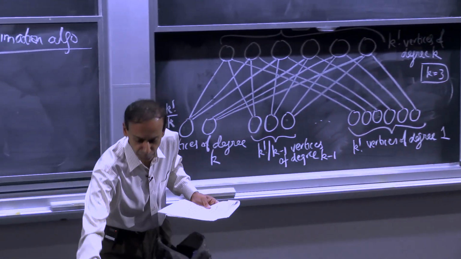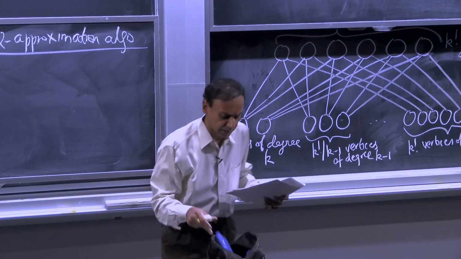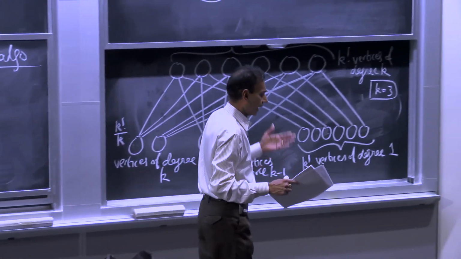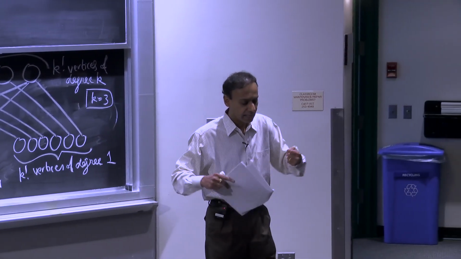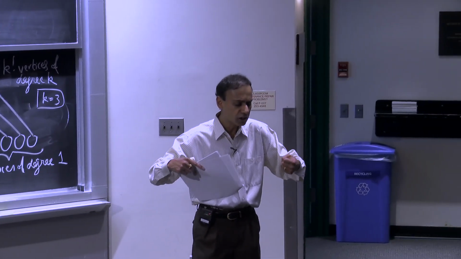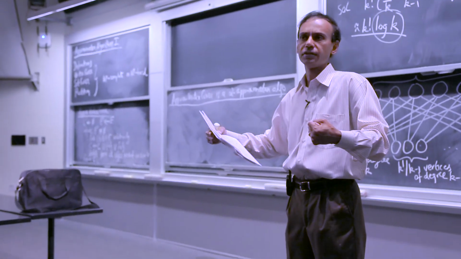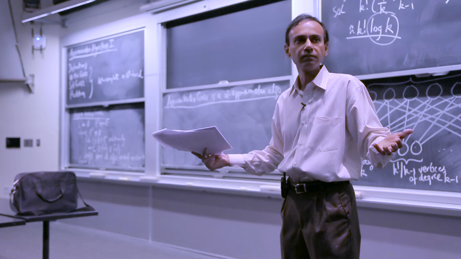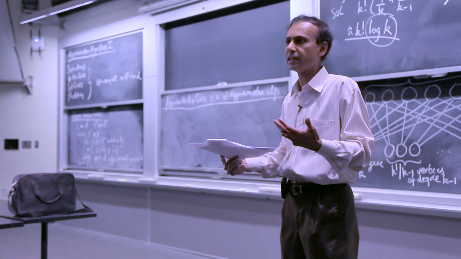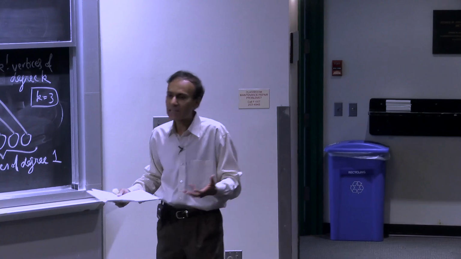So the key observation was, in this algorithm, I'm going to be picking edges, and the edges will not share vertices, right? Because I delete the vertices once I've picked an edge, correct? So there's no way that the edges would share vertices. So what does that mean?